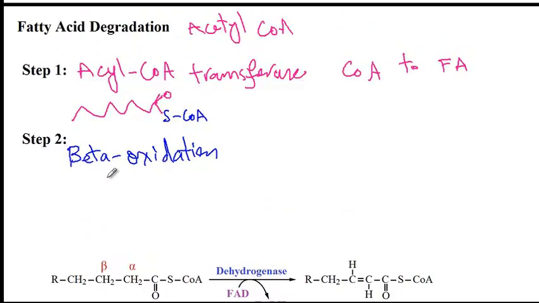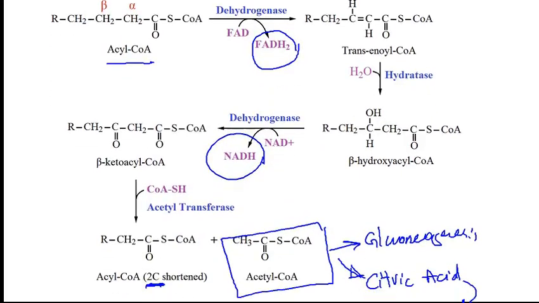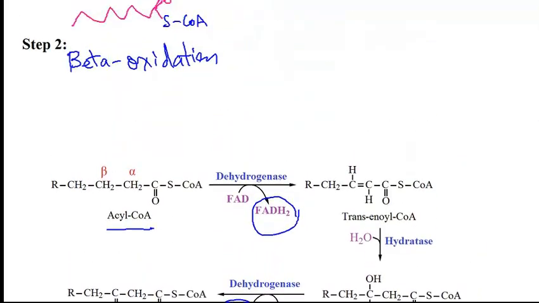And then each round of beta oxidation would produce 1 molecule of NADH, 1 molecule of FADH2, and then we already discussed 1 acyl coenzyme A. So now we have so many valuable resources for production of energy or glucose by beta oxidation.